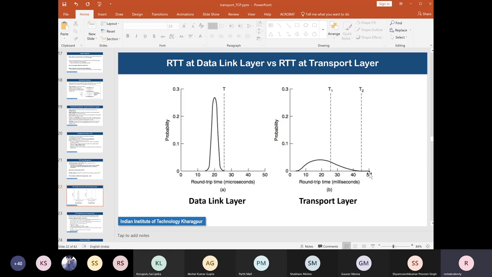But then the problem is that you are probably being too optimistic. In setting T2, you are waiting till T2, right? That's a huge interval of time, a massive interval of time, and that too in milliseconds probably, before resending.